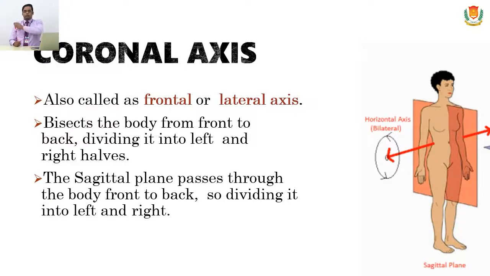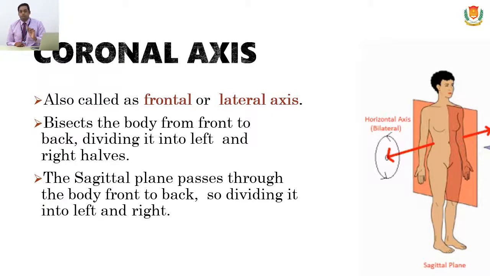Or if I talk about a particular joint, let's take the example of the shoulder. If I am talking about the shoulder, the sagittal plane would be like this. And the axis which is passing, the coronal axis, will be passing from here to here or from here to here.